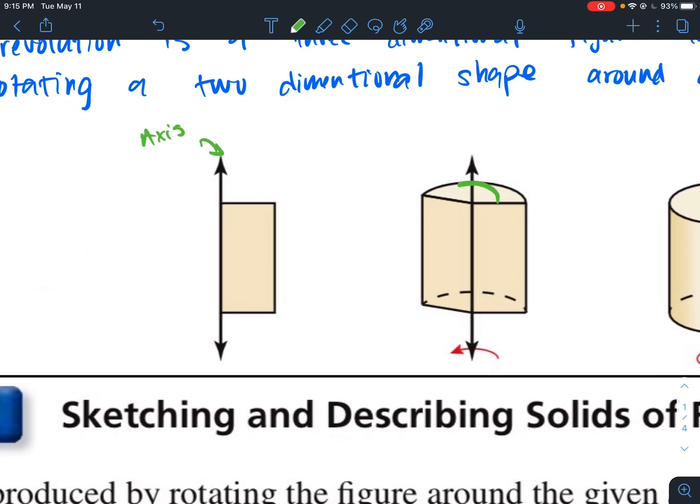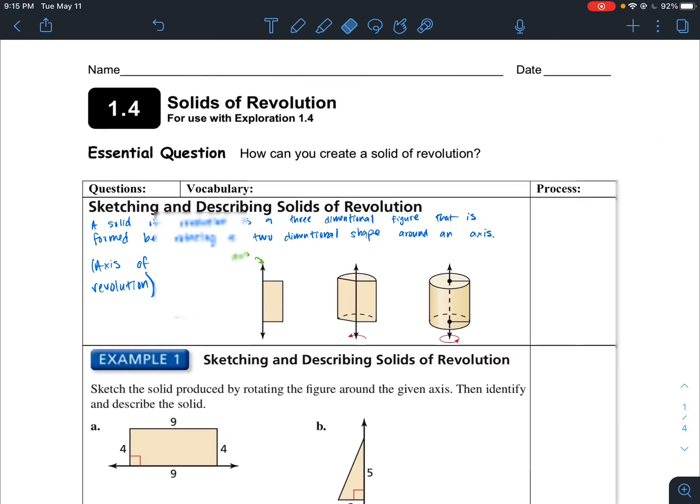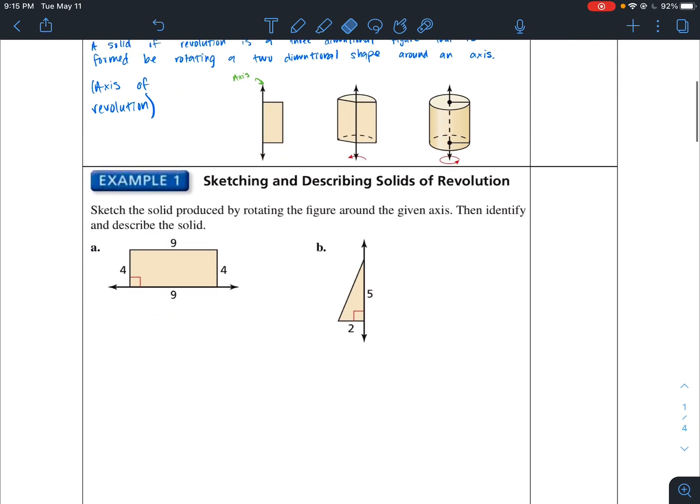You can see it partially created, and if we make a full rotation, 360 degrees, we create a cylinder. So that's what we're looking to do in this lesson: what 3D shapes can we make with 2D objects revolving around an axis?